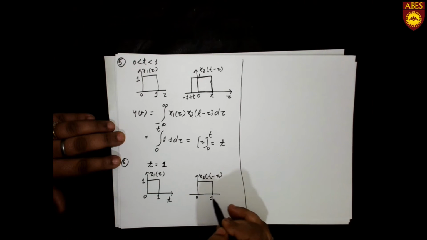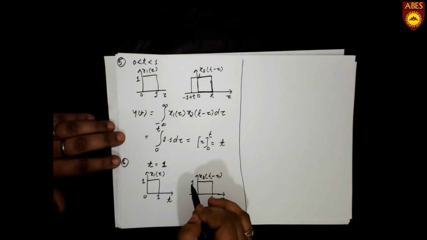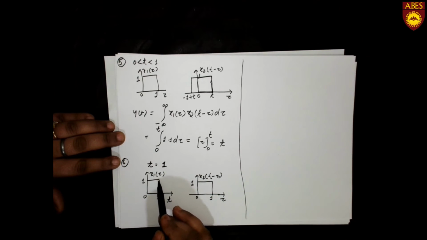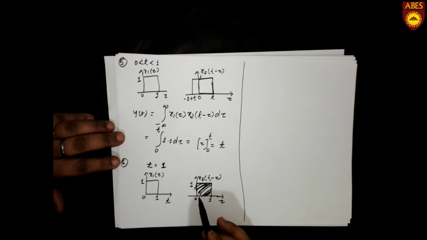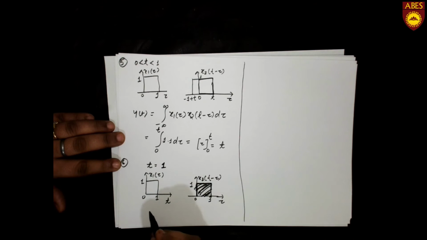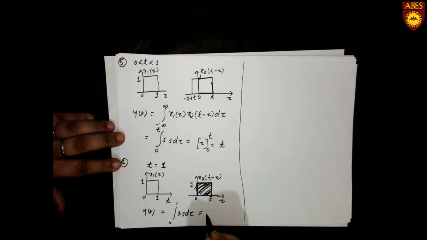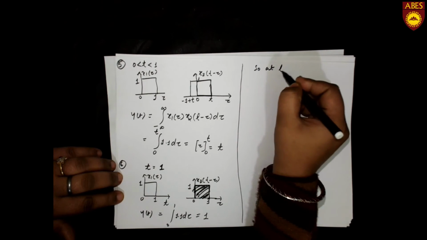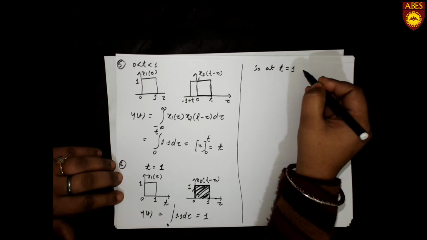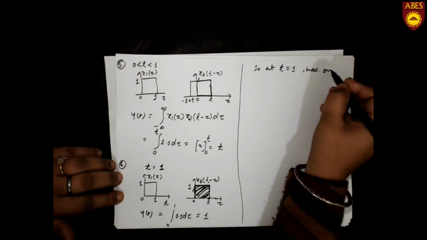We can see the maximum overlapping would occur between the two signals, from 0 to 1. Hence the output y(t) would have maximum overlapping at t equal to 1.